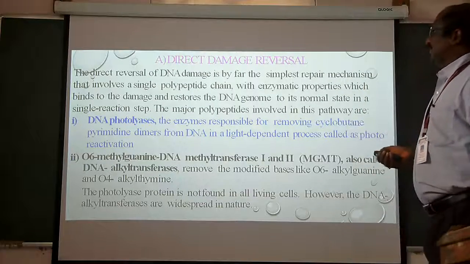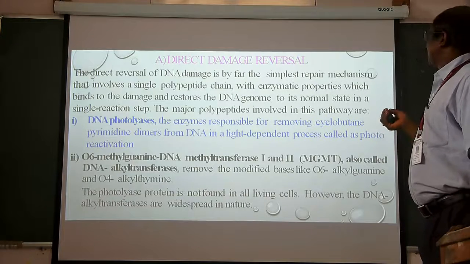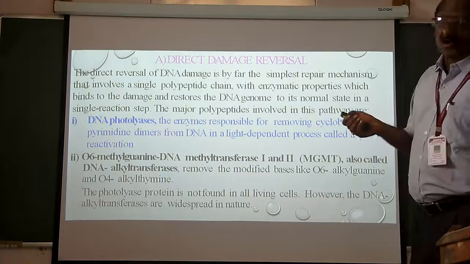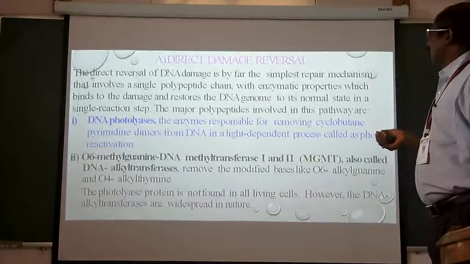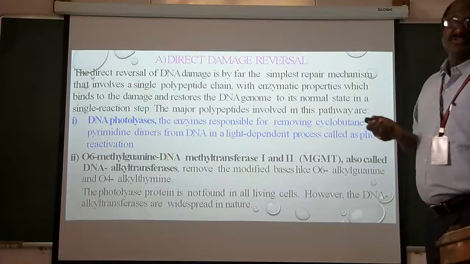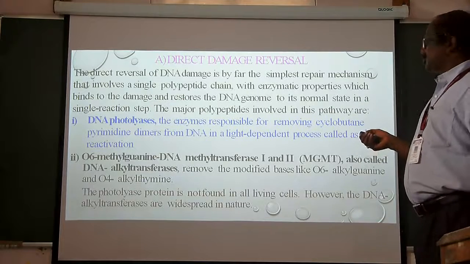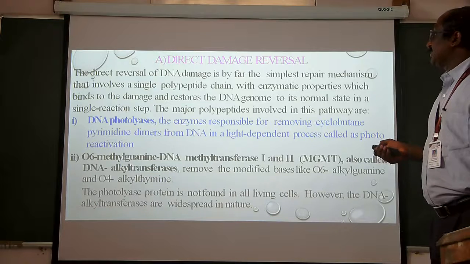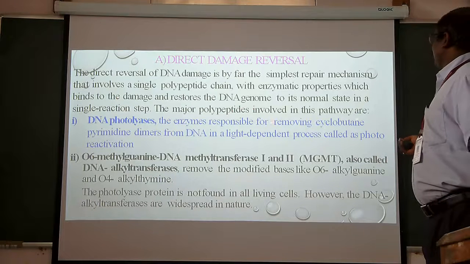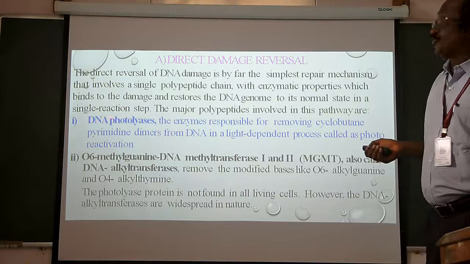The direct reversal of DNA damage is by far the simplest repair mechanism that involves a single polypeptide chain, with enzymatic properties, which binds to the damage and restores the DNA genome to its normal state. It is a single reaction step. The major polypeptide involved in these pathways is, one, DNA photolyase.